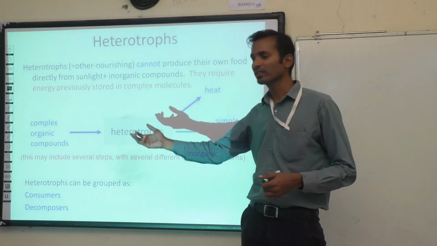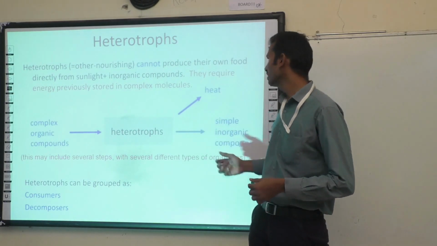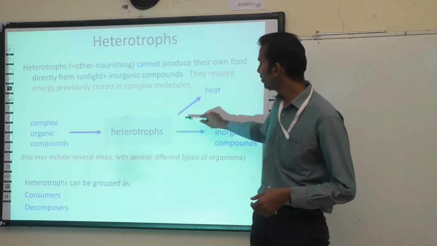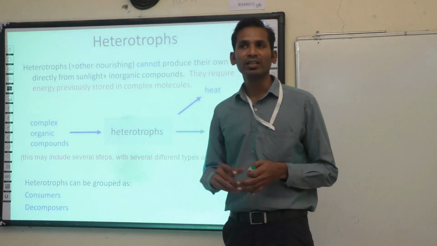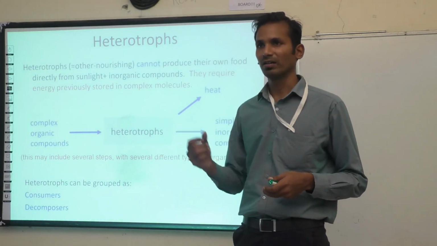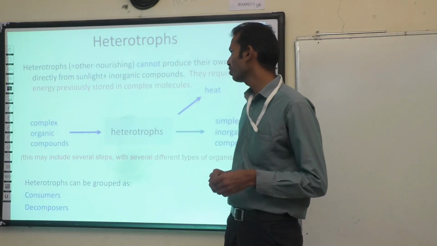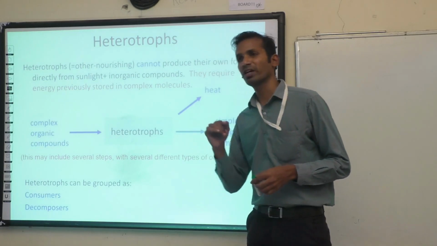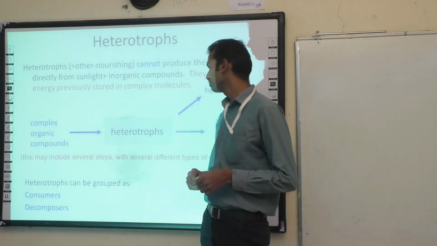If a protein is ingested by the heterotrophs, it can be converted into amino acids, and during this process it will liberate some heat. During any metabolism or digestion, it will release some amount of heat, which is required as energy for the heterotrophs.